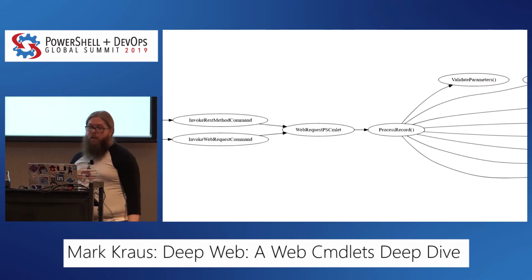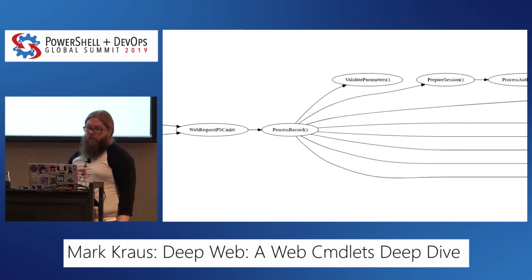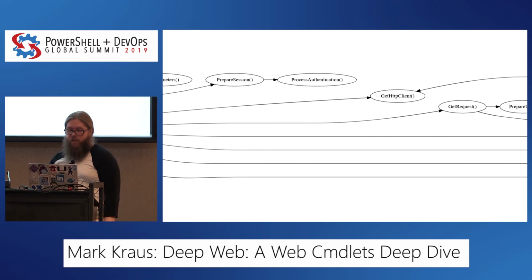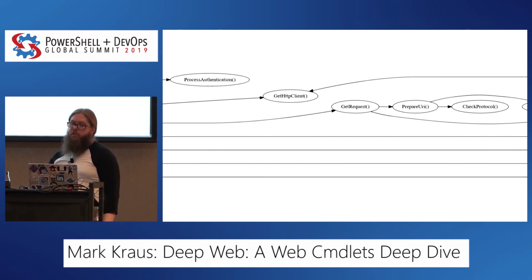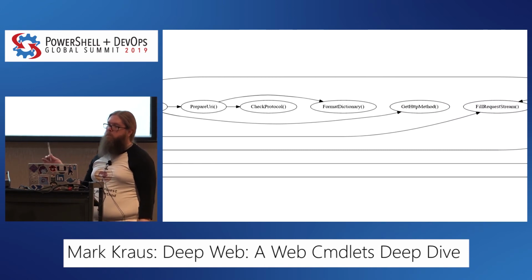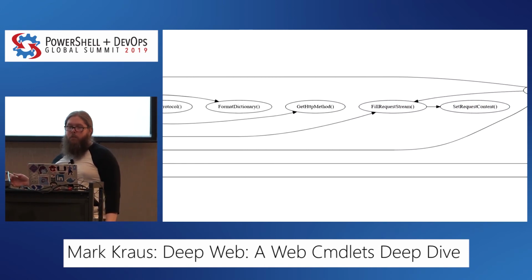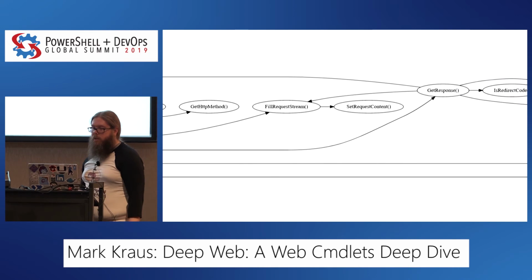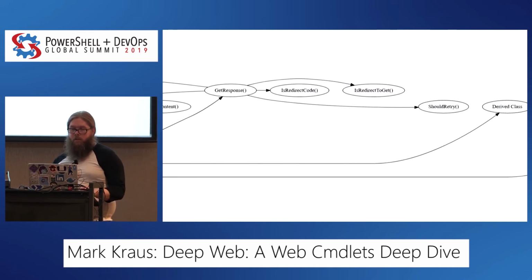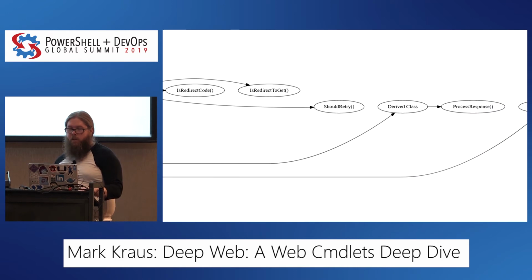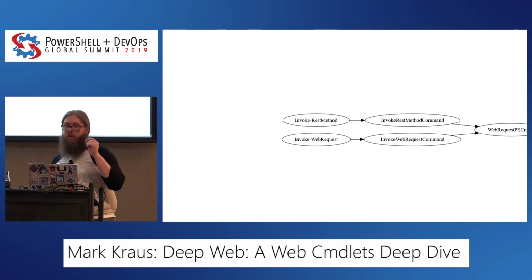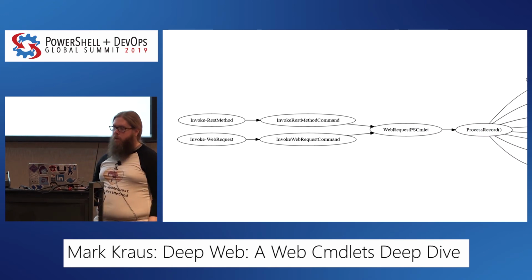You can see it goes out there, calling validate parameters, prepare session, process authentication, get HTTP client. These are the calls being made, the different methods inside of the cmdlets, and what that looks like. And then we get to the end here, and it passes off to process response on the actual derived cmdlets.